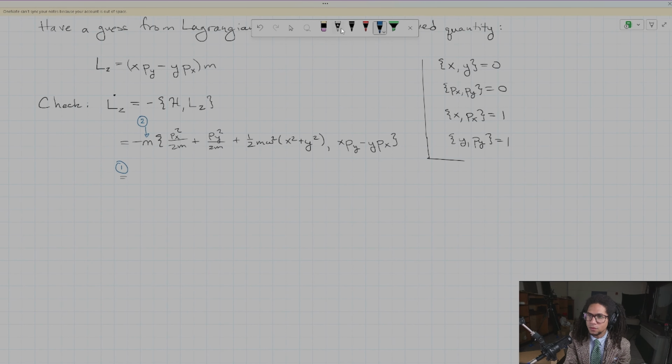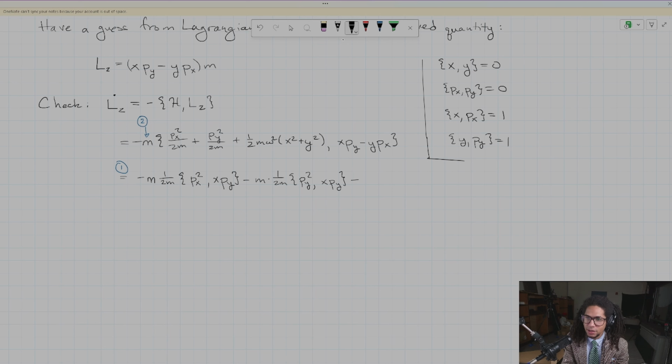Okay, so we'll get minus 1 over 2m, bracket p_x squared with x p_y, minus m times 1 over 2m, bracket p_y squared with x p_y.